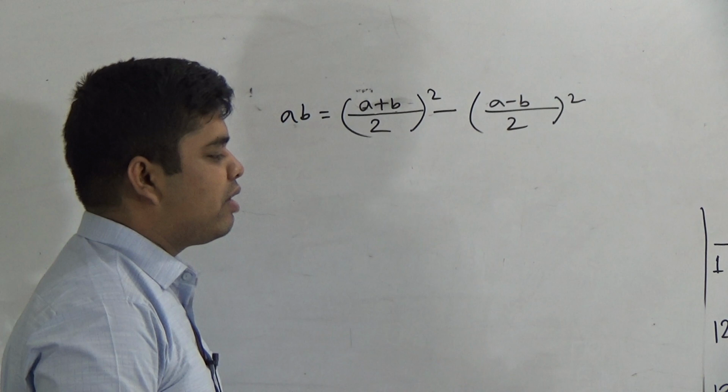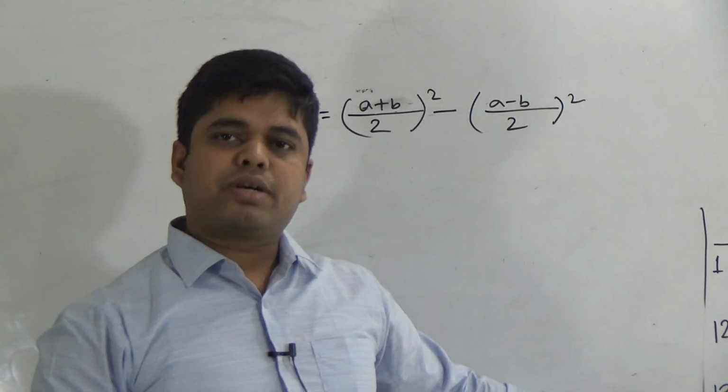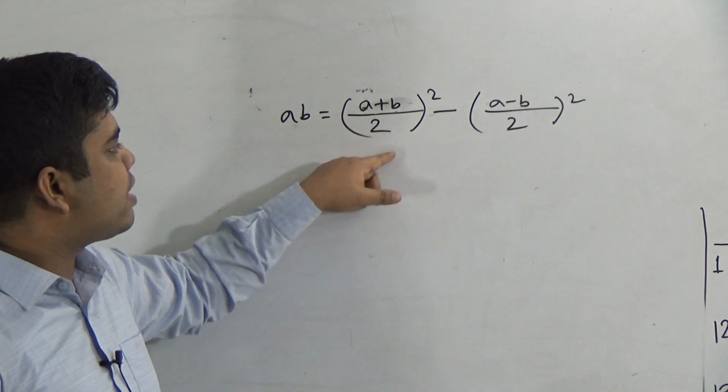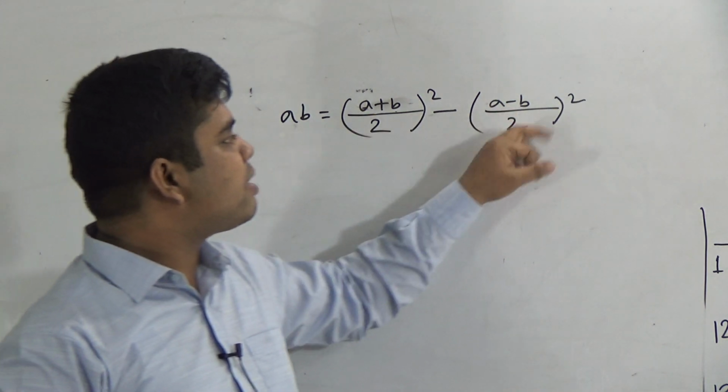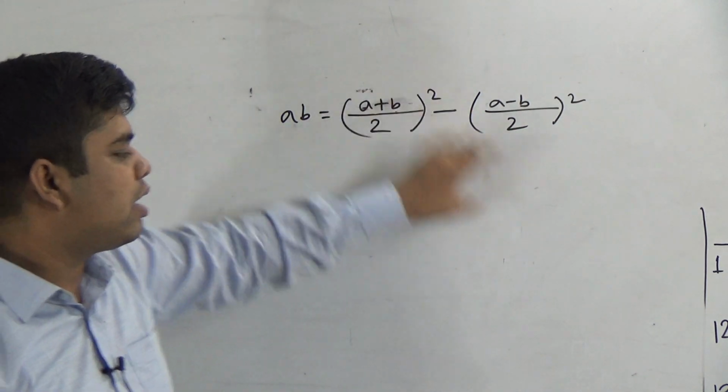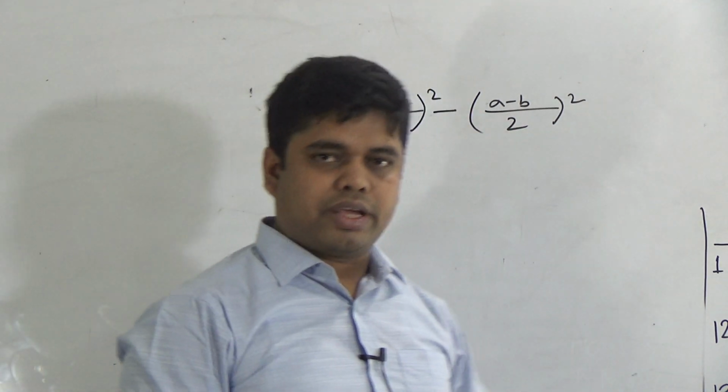We need this formula to solve this question. I repeat: ab equal to a plus b by 2 whole square minus a minus b by 2 whole square. By using this formula, we shall solve question number 13.